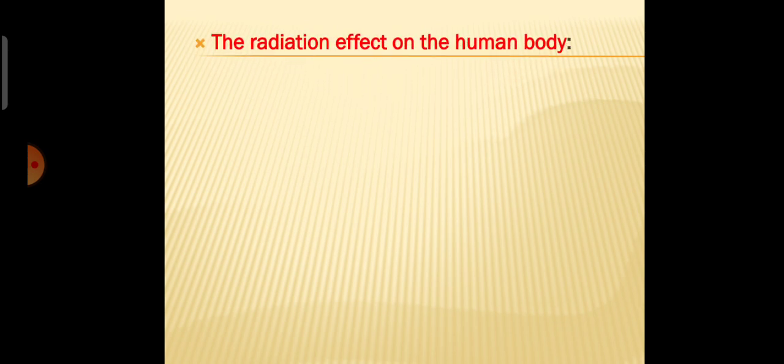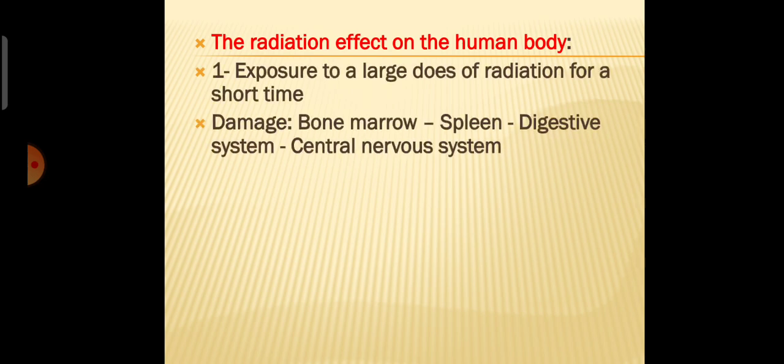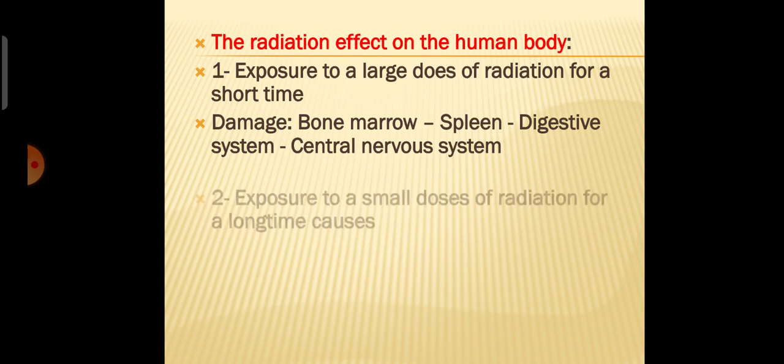What is the radiation effect on the human body? Number one, exposure to large doses of radiation for a short time causes damage of the bone marrow, spleen, digestive system, and central nervous system.